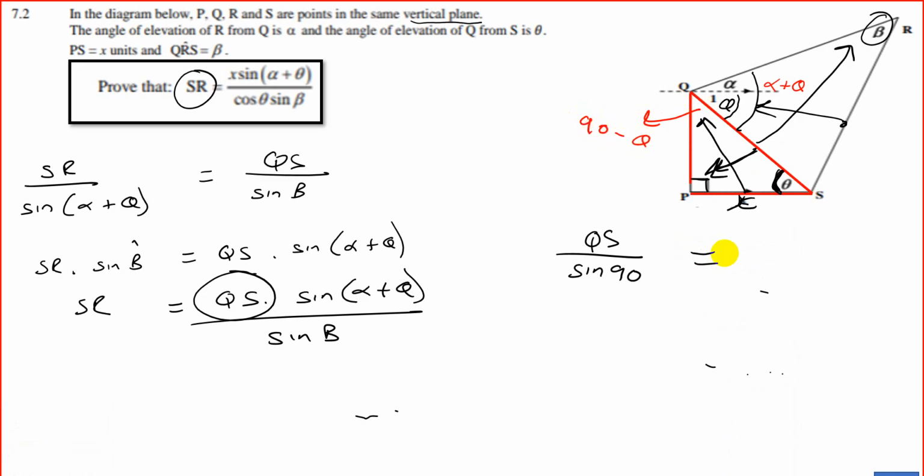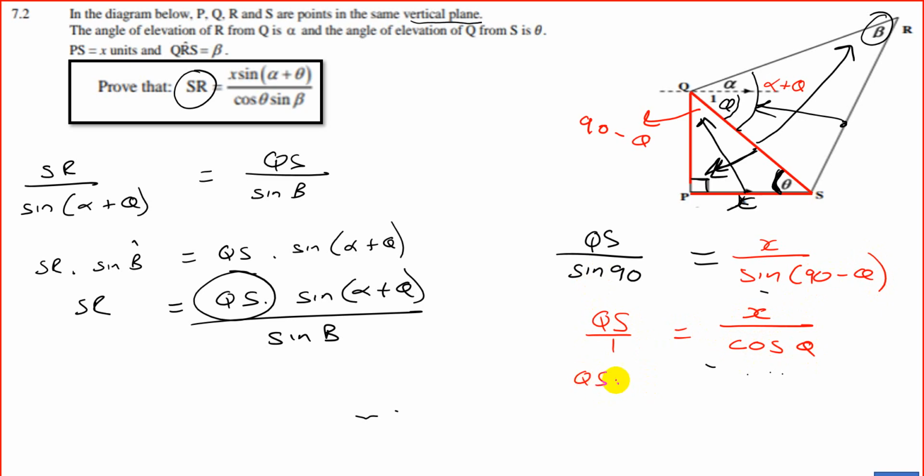So we're going to have X over sine of (90 minus theta). Now we know sine 90 is 1, so QS over 1 is equal to X over sine of (90 minus theta), and sine of (90 minus theta) is actually cos theta, using complementary angles.